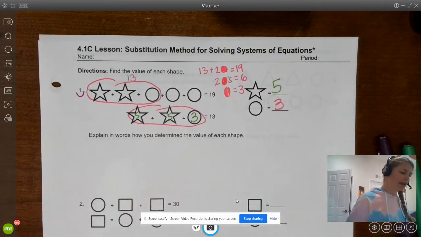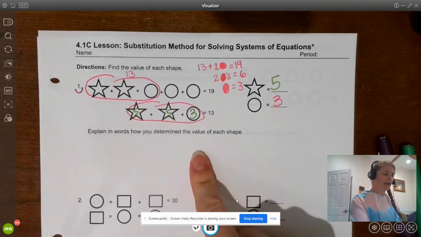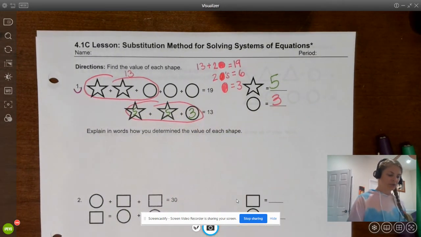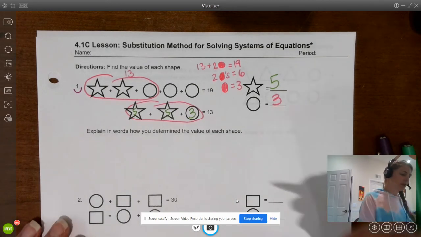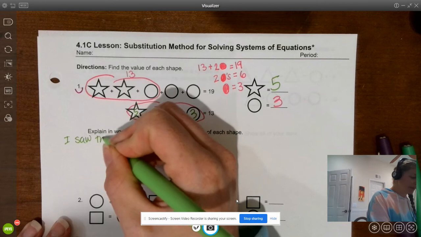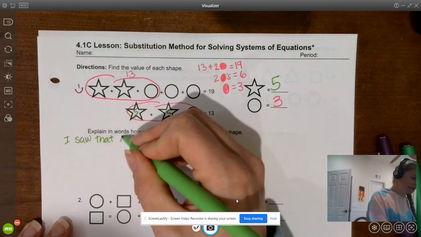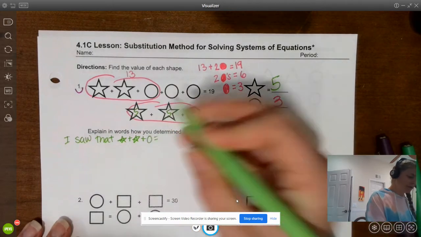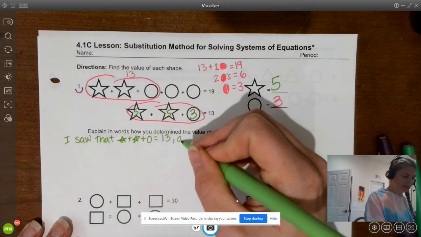So we're going to explain in words how we determine the value of each shape. We only have to explain in words for this one, and then we can just figure out the other ones. So what did we see first? I saw that star plus circle was equal to 13.